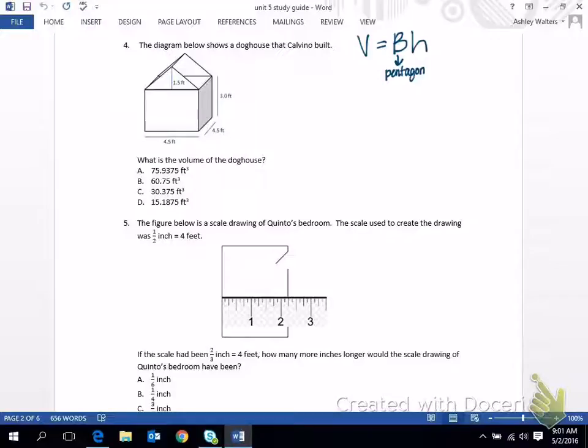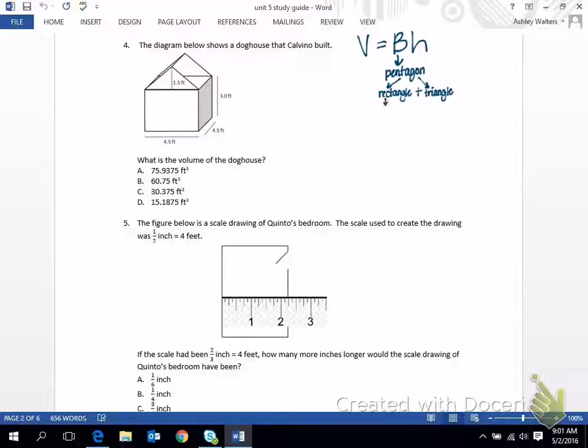We don't have a single formula that we follow for the pentagon, so what we do is we break it down into familiar shapes, which in this case is a rectangle and a triangle. And if you combine those two areas, you'll get the area of the pentagon.